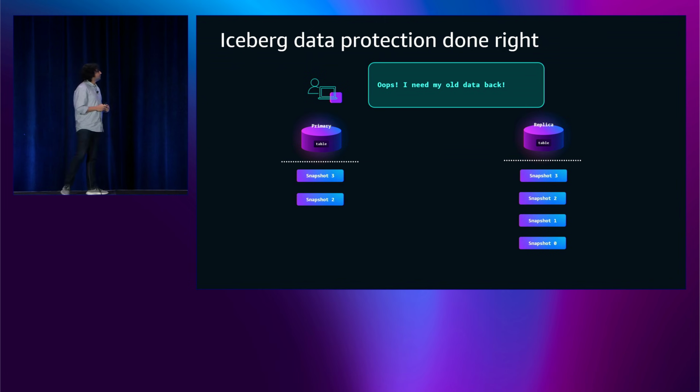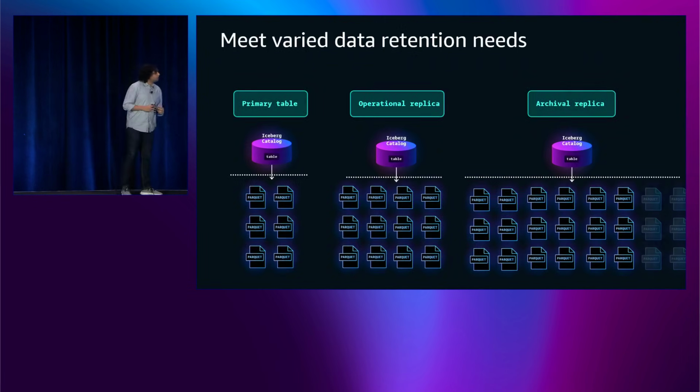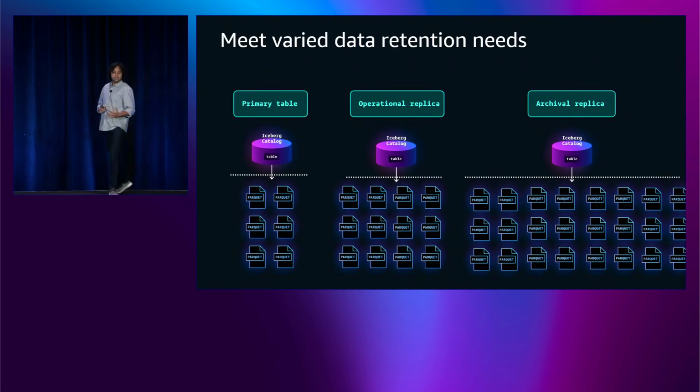Now, moving on to the next use case, as I mentioned previously, you can think of these as multiple replicas serving different use cases. For example, while your primary table is short and needs to be performant, you can have your operational replica be slightly longer, and you can have your archival tables be as long as you need them to be.